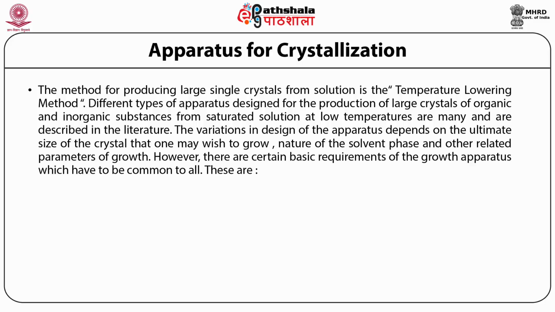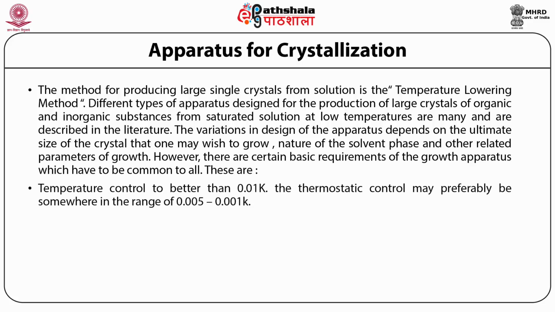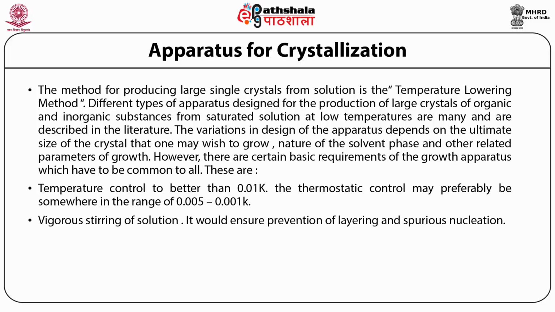However, there are certain basic requirements for the growth apparatus which have to be common to all. These are temperature control to better than 0.01 K. The thermostatic control may preferably be somewhere in the range of 0.005 to 0.001 K. Vigorous stirring of solution would ensure prevention of layering and spurious nucleation.